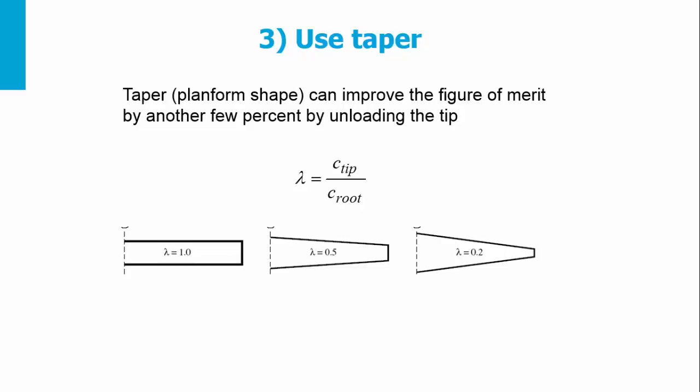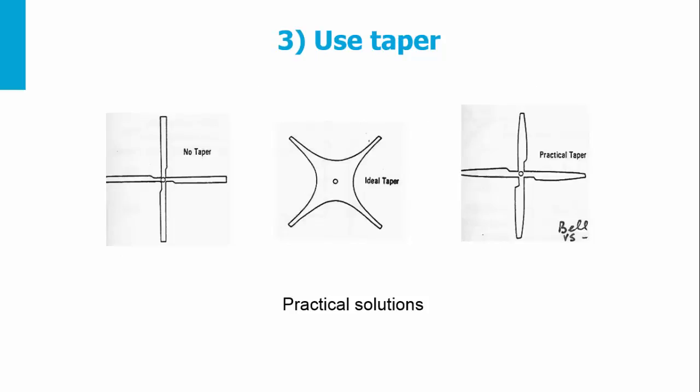So you see here a rectangular blade, and you see also some other practical solutions used in the helicopter industry. The practical solution is the one that you see in the last picture. If you use no taper, if you use an ideal taper, and then the practical taper used in the Bell solutions.